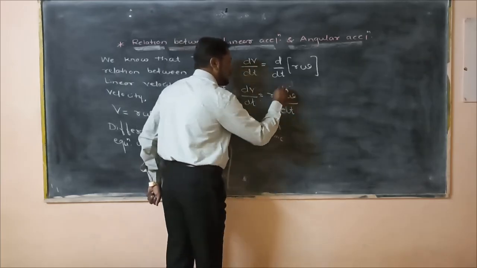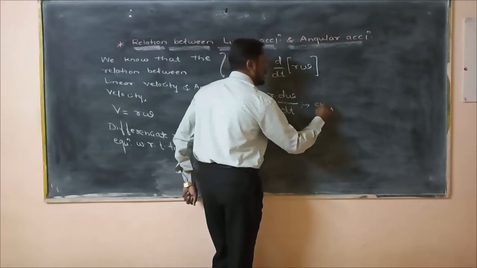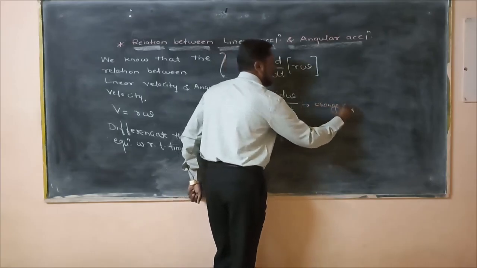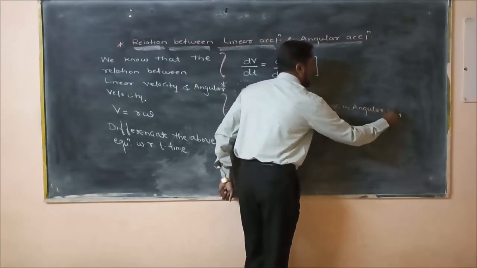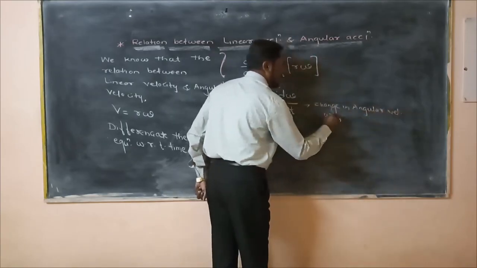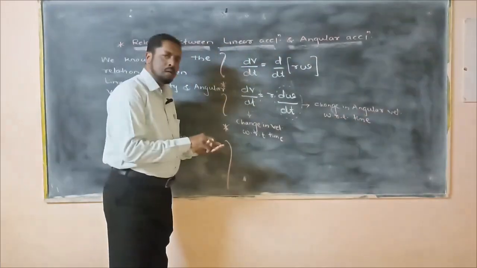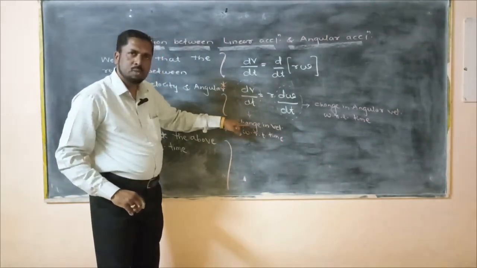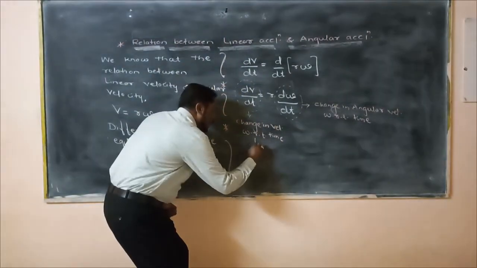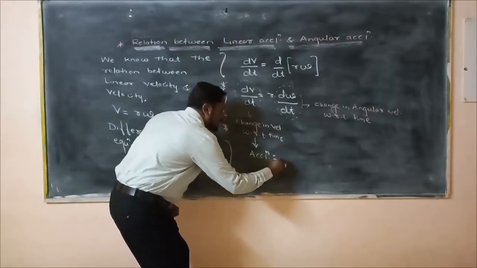What is this factor d omega by dt? This d omega by dt is the change in angular velocity with respect to time. And we are well familiar that change in velocity with respect to time is called acceleration.